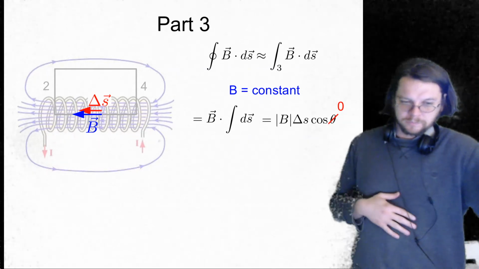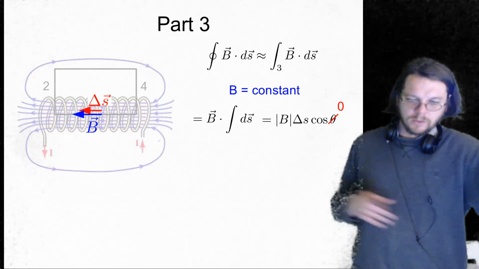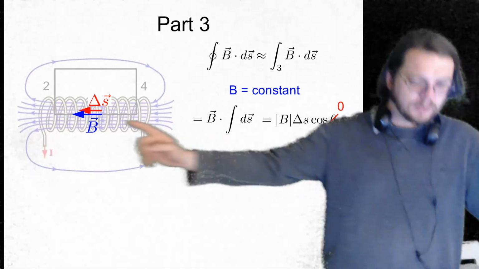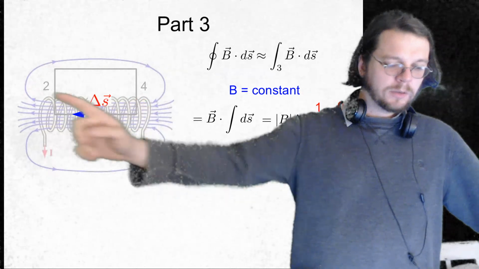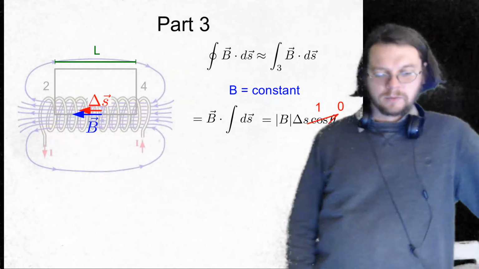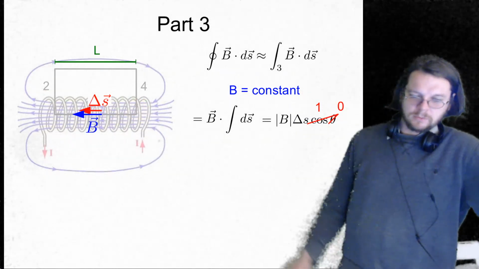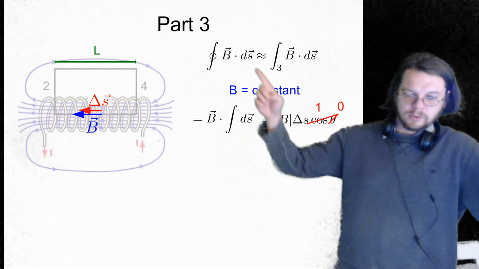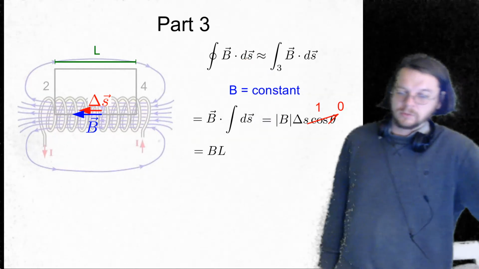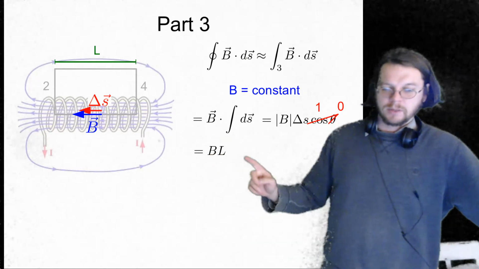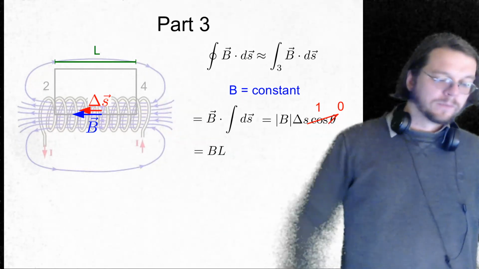So there you go. And then this length, I'm going to call the length of our Amperian loop. I'm going to call that L. And so, from all of this, I'm going to conclude that this crazy-looking integral just boils down to the magnetic field strength times the length of this Amperian loop.